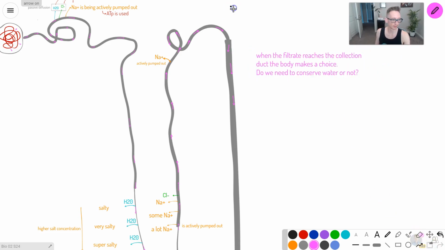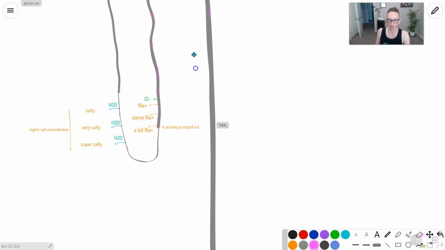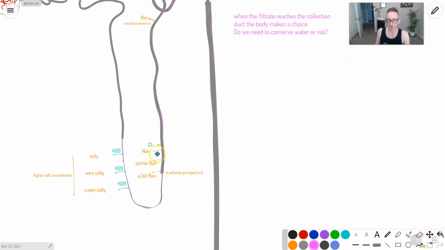Some of this water is going to leave, especially when it gets down here to this really salty environment. It's going to follow that salt, just like it did over here. Okay, and I know this stuff can be confusing, right? Does it need to conserve water or not?